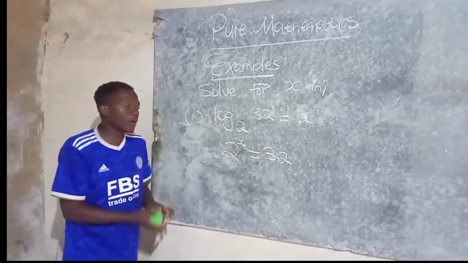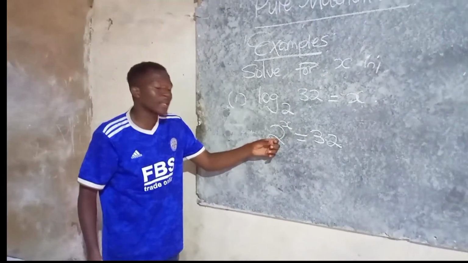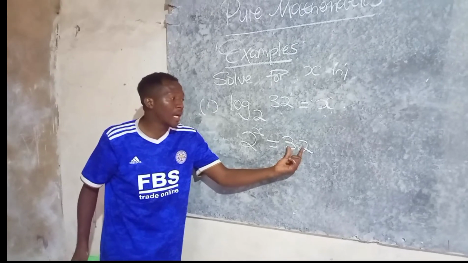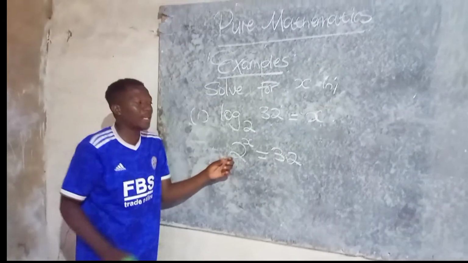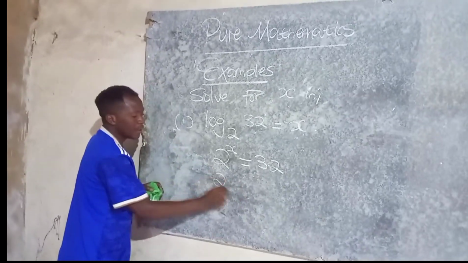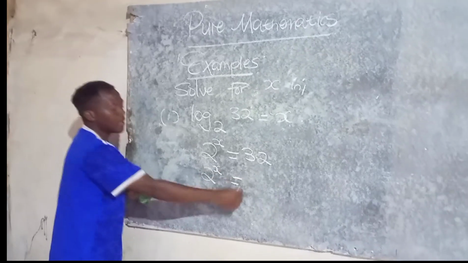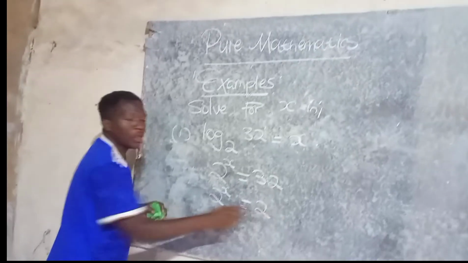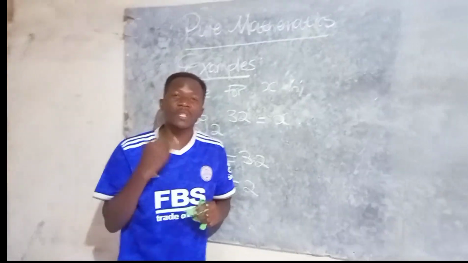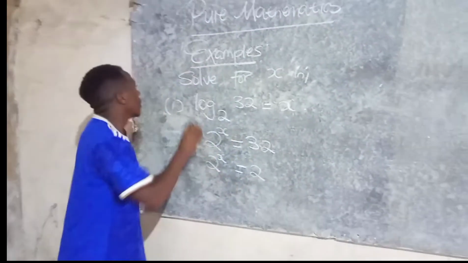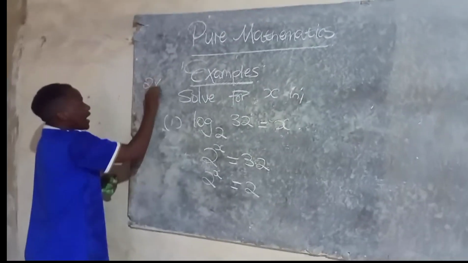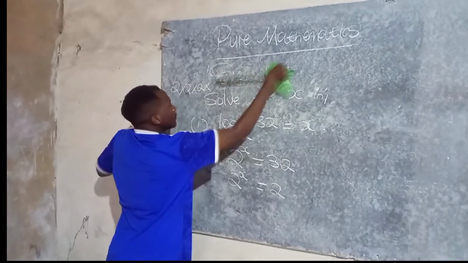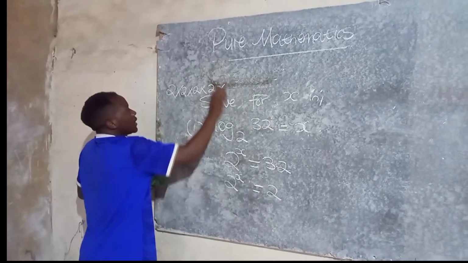Afterwards, we're going to understand that 2 is a base, and the same applies to 32. We are going to reduce the bigger number and express it in the smaller base. Thereby, we are going to say 2 to the power x is equal to 32. When we express 32 in base 2, we are going to ask how many times you can multiply 2 to get 32, which we can say 2 times 2 times 2 times 2 times 2.